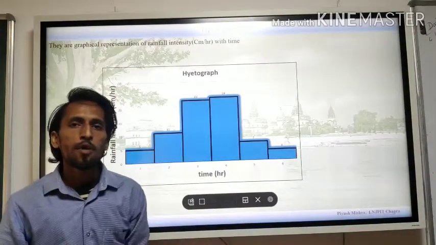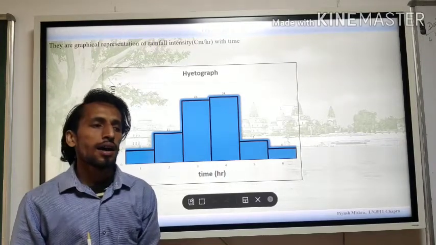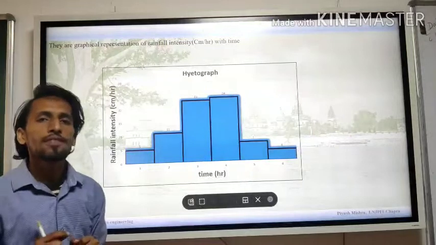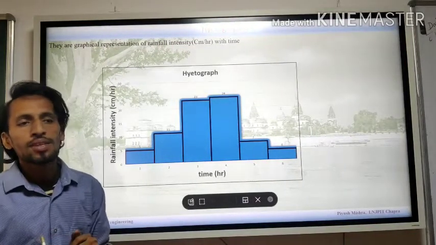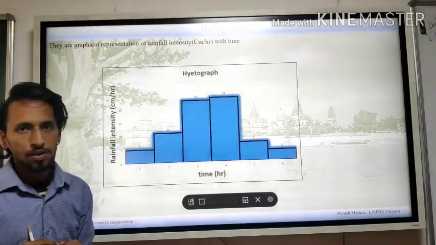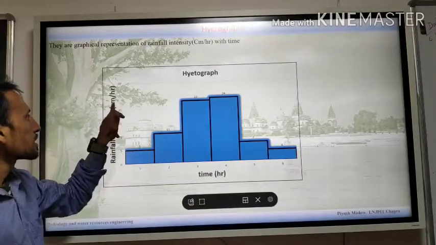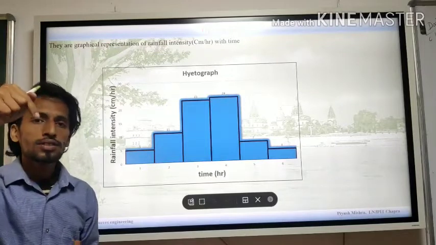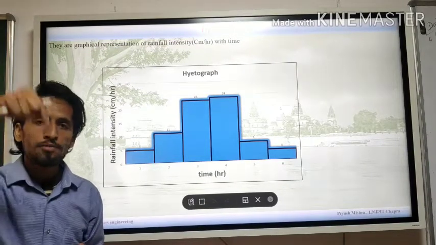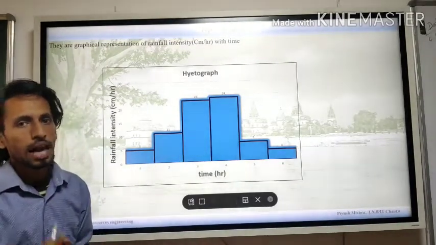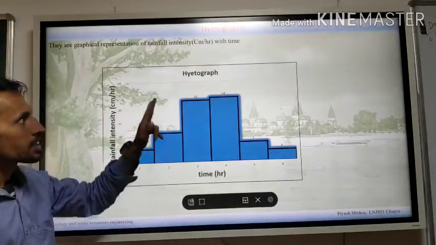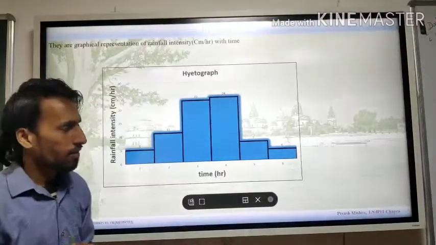Rainfall intensity means the value of rainfall which is occurring with respect to time. If you could see the unit centimeter per hour, it is the velocity of rainfall that is coming to the earth's surface. So this histogram is referred to as hydrograph.